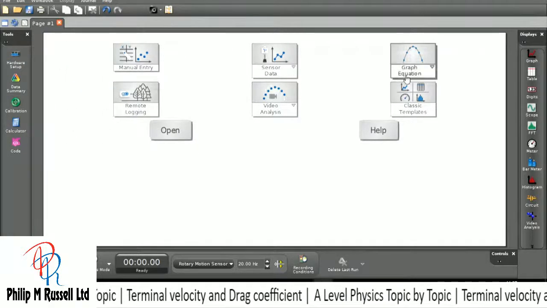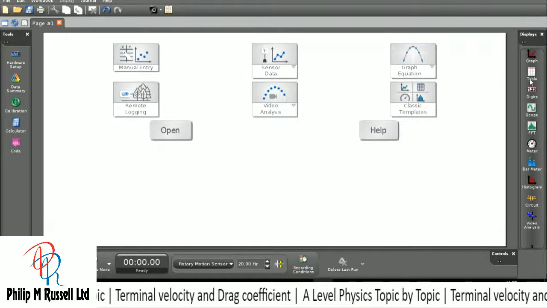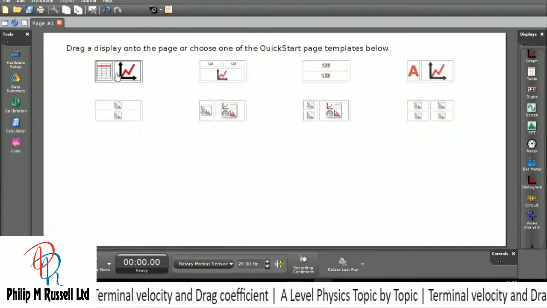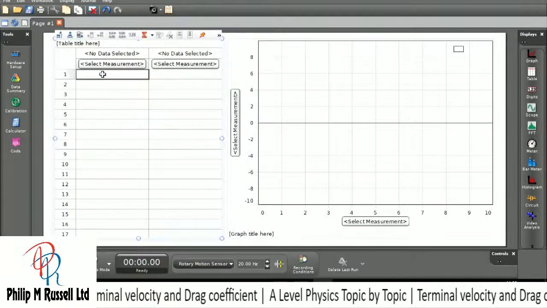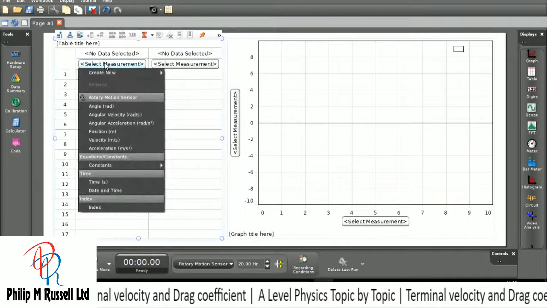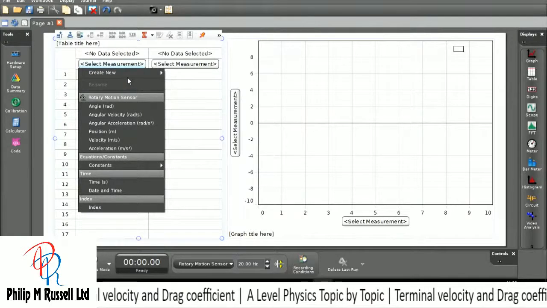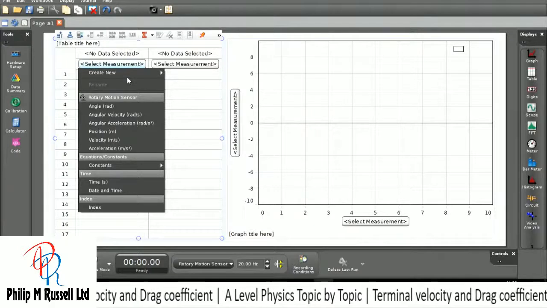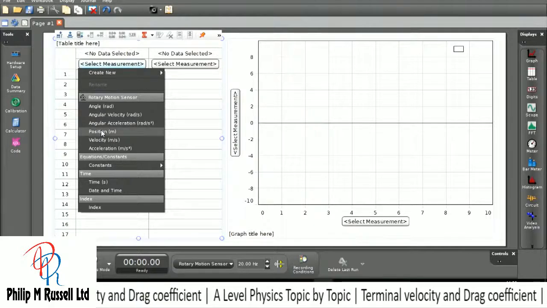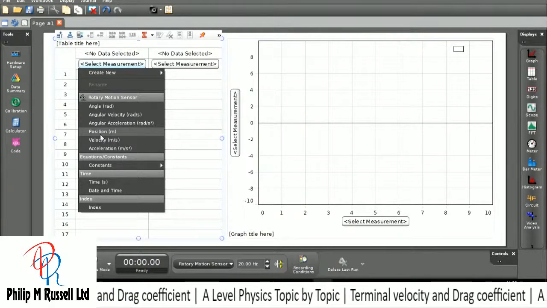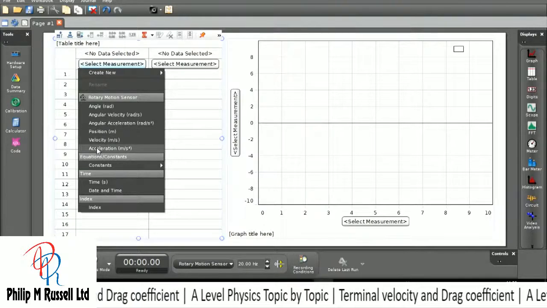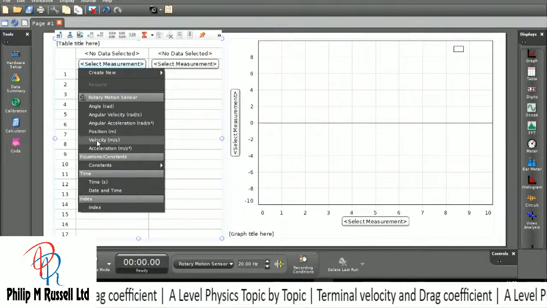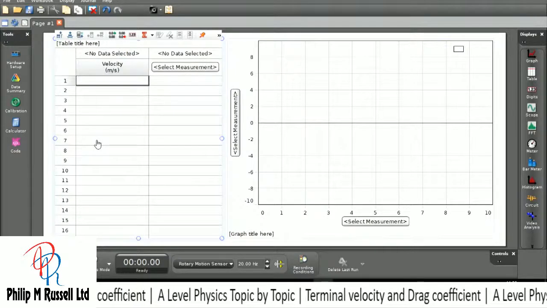Let's go and grab hold of a table, and I can measure various different things here, and we can decide what is the most useful thing to do. I can measure its velocity, its position, its acceleration. Well, let's measure initially its velocity.